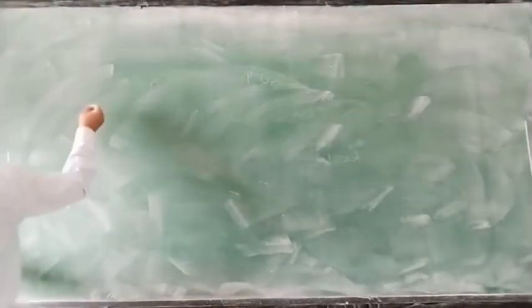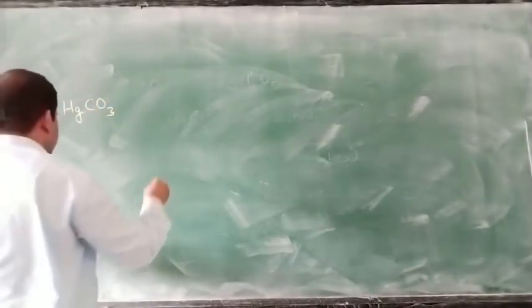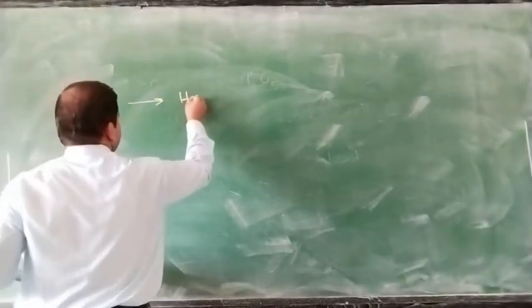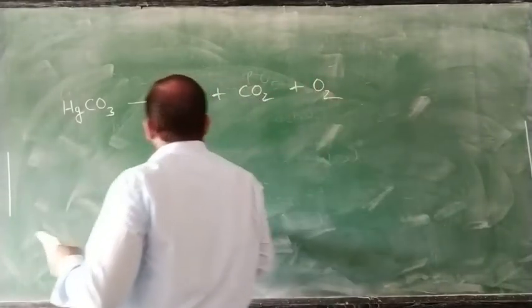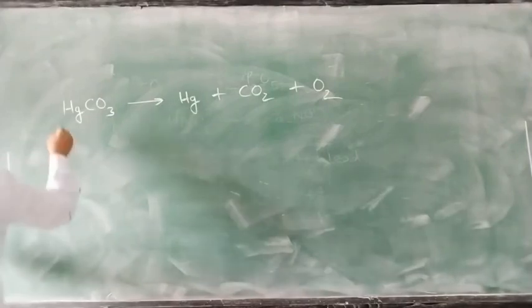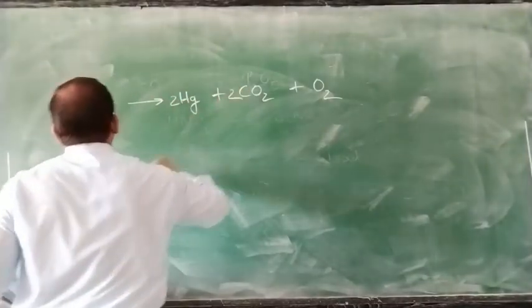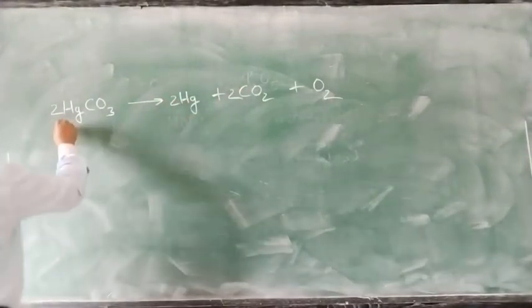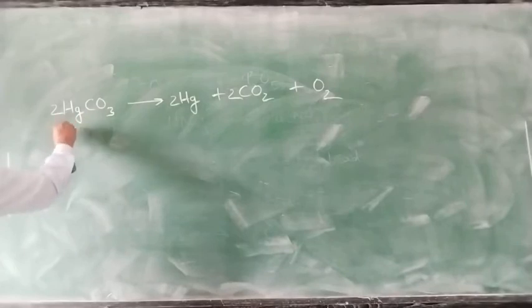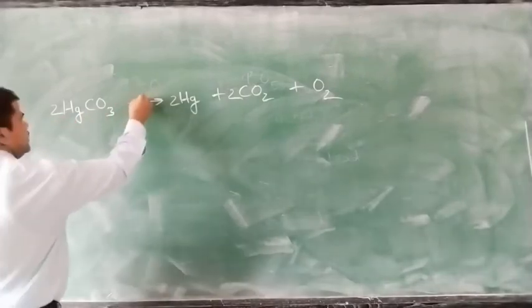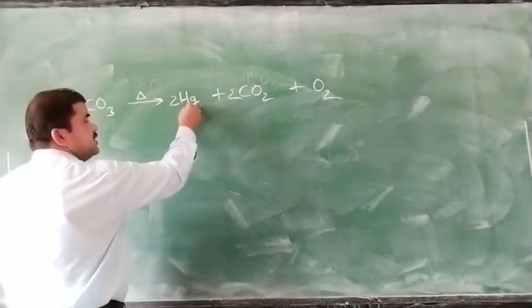So here HgCO3, mercury carbonate, and if we heat this mercury carbonate, we get mercury, and this mercury is silvery in color.